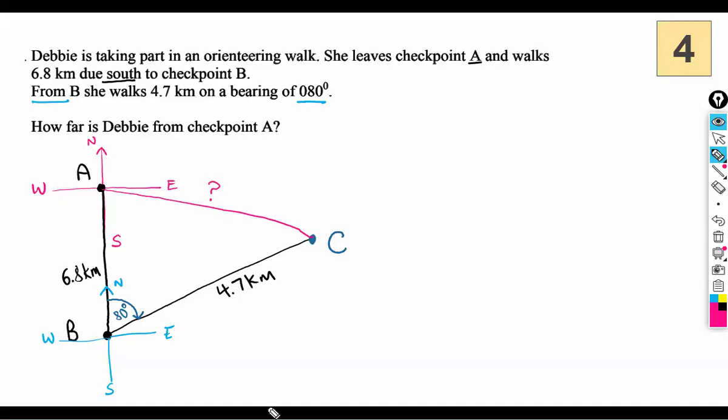Look at it. Isn't this the hard cosine rule? You have the length of two sides and the angle in between the two sides. And they want to find the question mark. Everyone okay with this diagram? You see how we have to build the diagram from scratch, right?